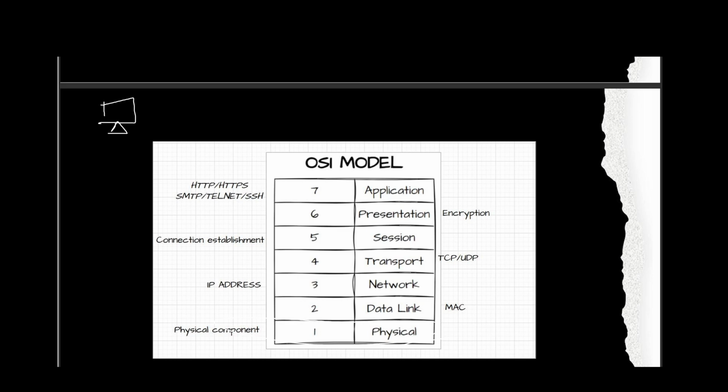Then on the next step, it says here data link. Every machine that we have right now has a MAC address, right? So that MAC address is converted into frames.